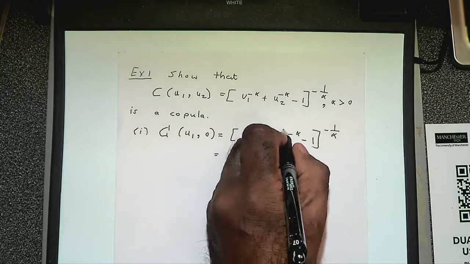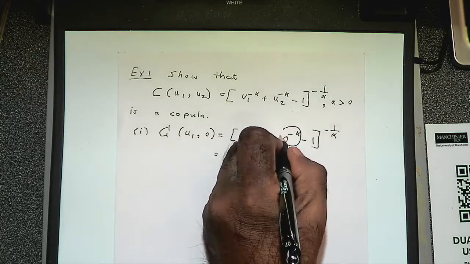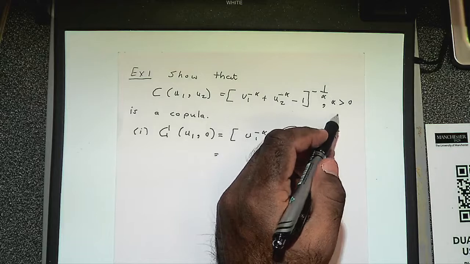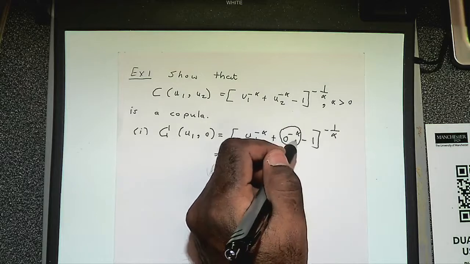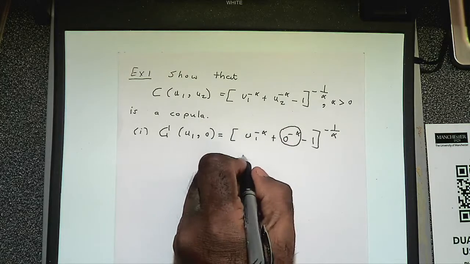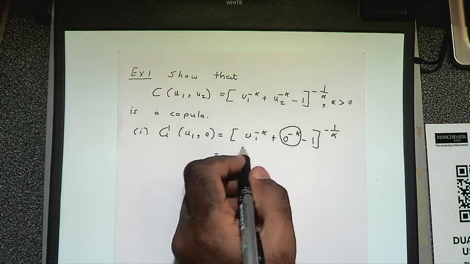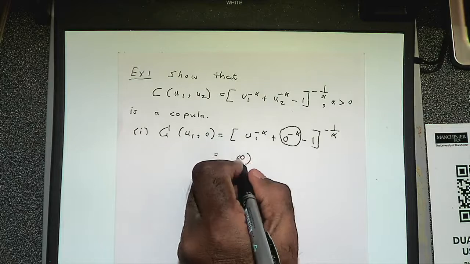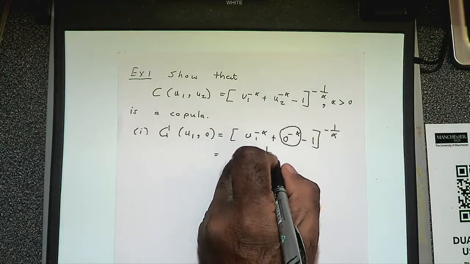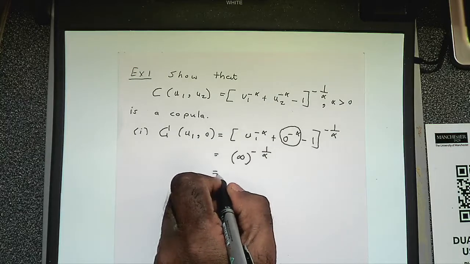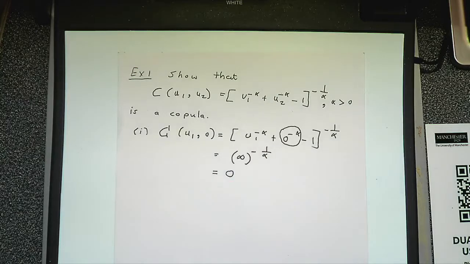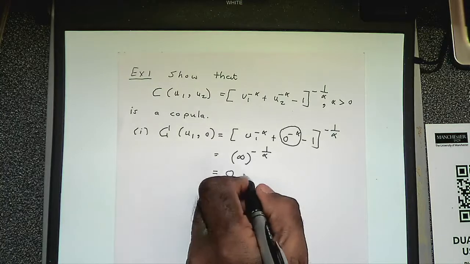Now what is 0 to the power minus alpha? Remember, alpha is a positive number, so 0 to the power minus alpha is infinity. So infinity plus anything is infinity. So infinity to the negative power is 0. You follow me? Alright. So this property is satisfied.